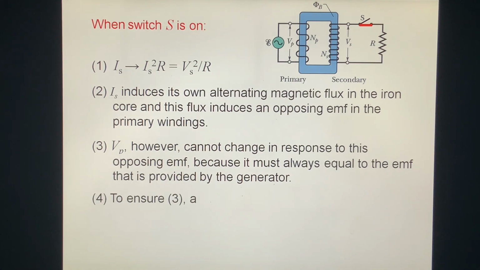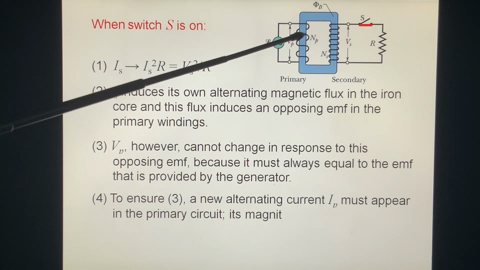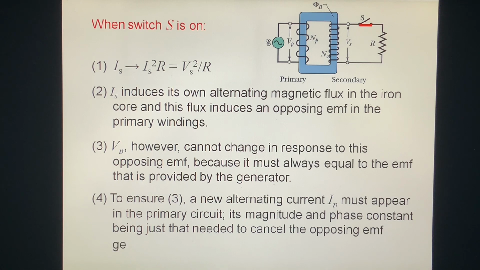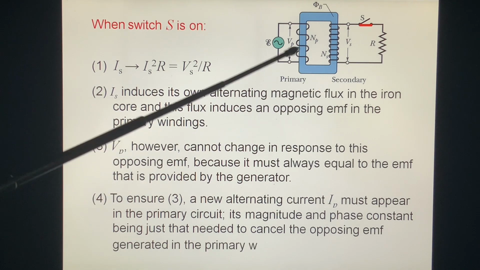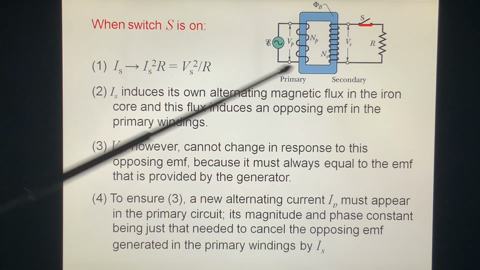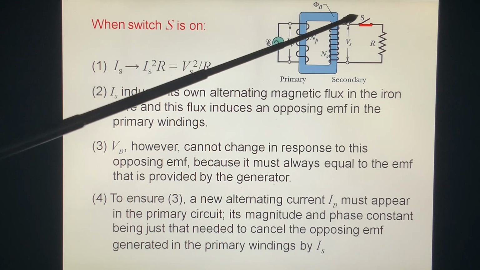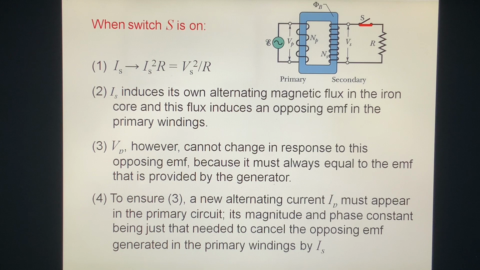To ensure this, a new alternating current Ip must appear in the primary circuit. Its magnitude and phase constant are just what is needed to cancel out the opposing electromotive force generated in the primary winding by Is.